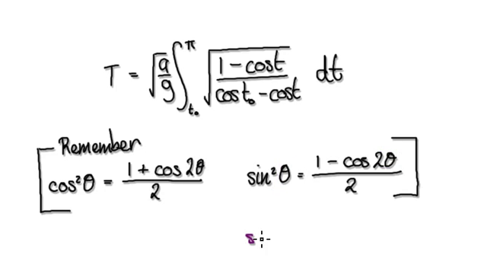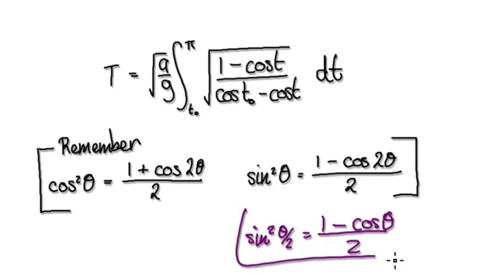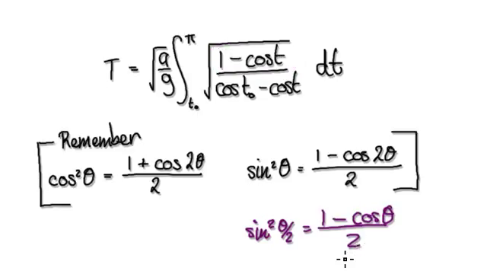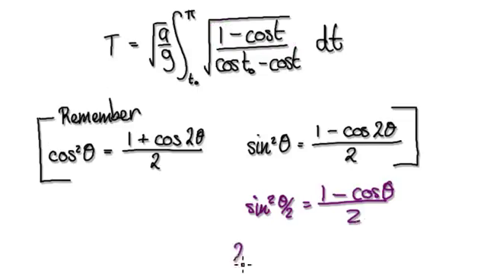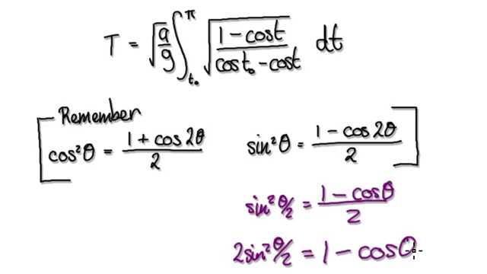So if you have sine squared of half the angle, theta over 2, this will be 1 minus cos theta over 2, because this angle is still twice this angle. We are trying to replace this here, so now multiply both sides by 2. That gives us 2 sine squared theta over 2 equals 1 minus cos theta.